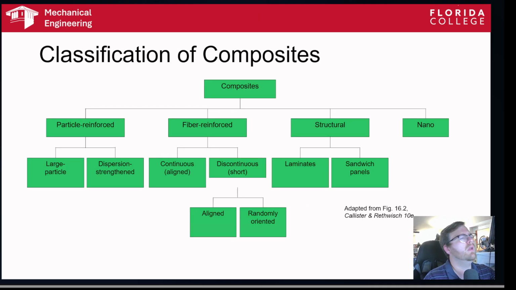Okay, here's a really big chart that is just kind of a giant zoo of composite materials that you can run into. And this is nice and handy because it actually classifies different types of composites by geometry. So we have, on one end, particle reinforced composites, which can be separated into large particle or dispersion strengthened. Okay.